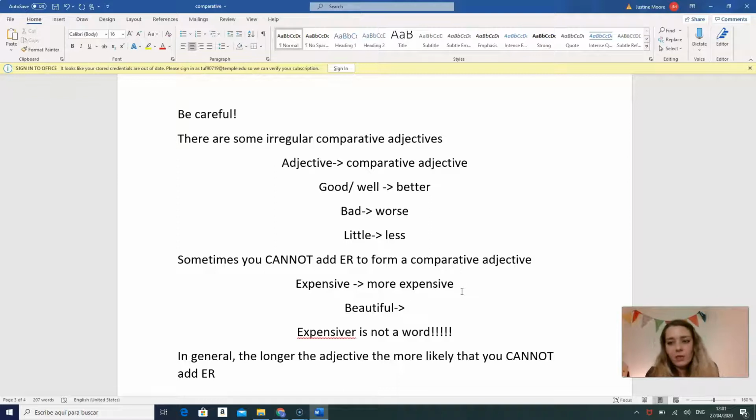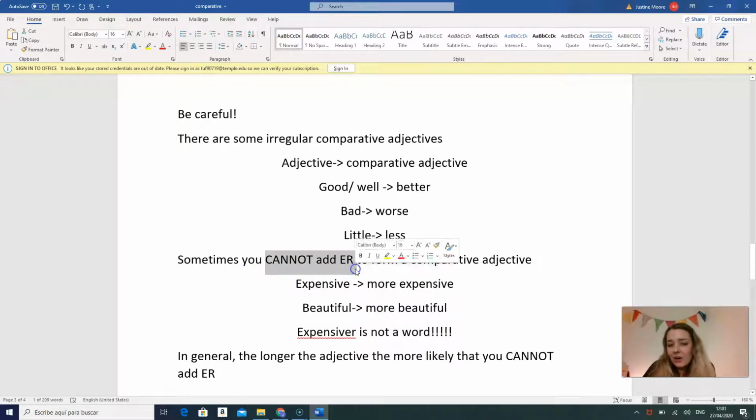Beautifuler, you can't do that. Beautiful is too long of a word. So if we want to compare two things with a comparative adjective, you say more beautiful. So roses are more beautiful than dandelions. You need to say more. So when you cannot add ER, just put more before.